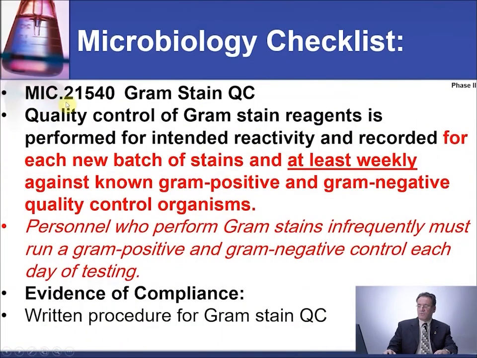For your micro 21540 gram stain QC, you need to do a QC for the gram stain at least weekly by having a known gram positive and known gram negative, and you need to document that.